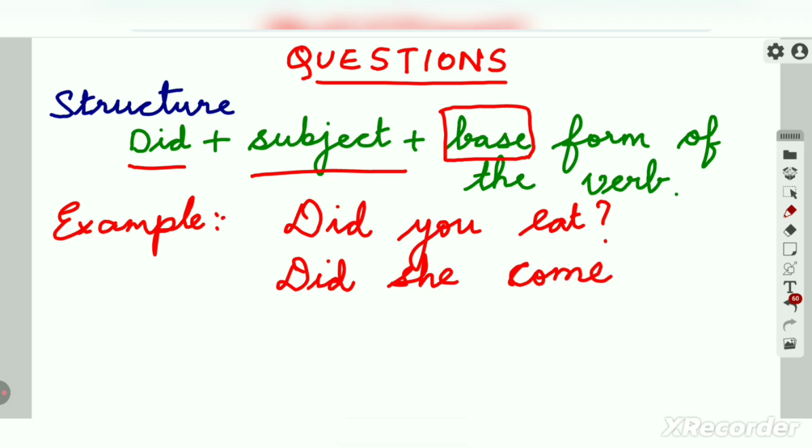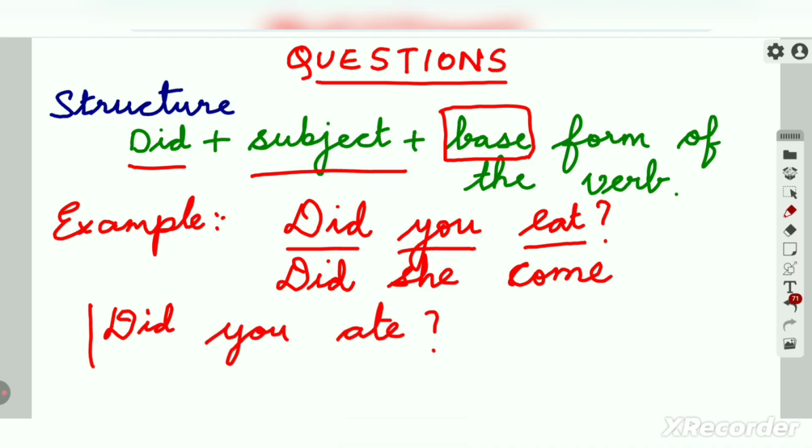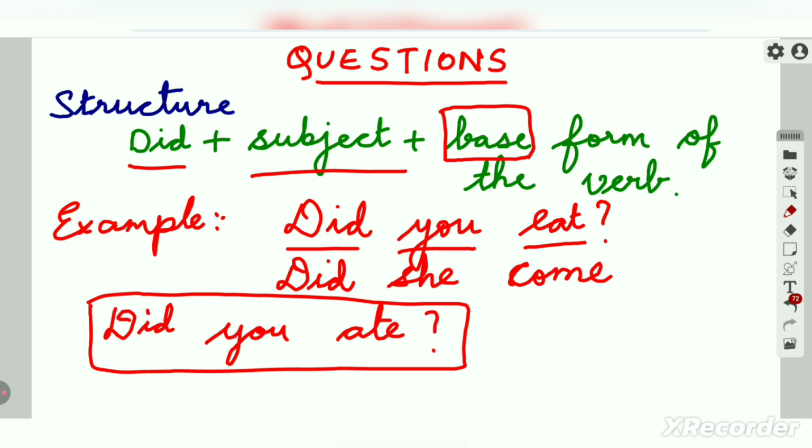So it is did plus the subject plus the base form of the verb. Here also we should use only the base form, and we should not say did you ate. Did you ate is wrong, because already there is a did. You need not make the verb into its past form. So these are the important things you should remember in the simple past tense.